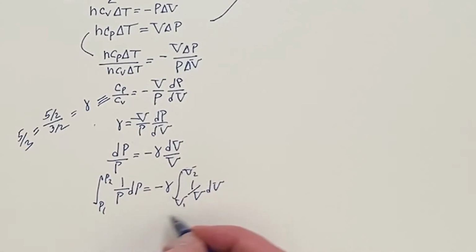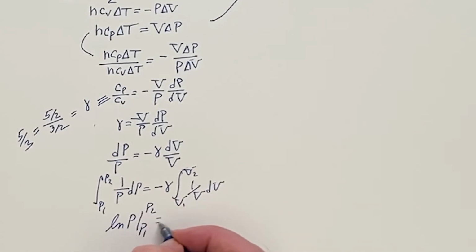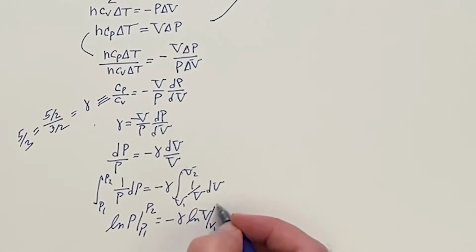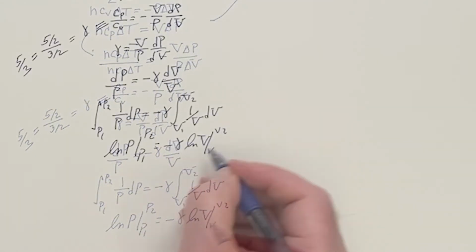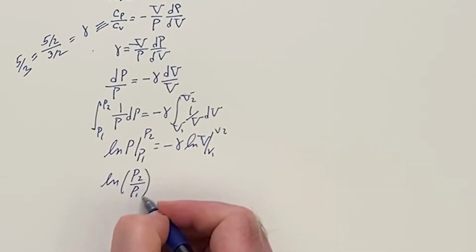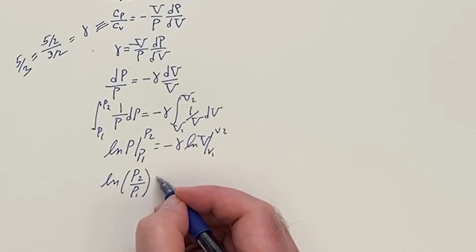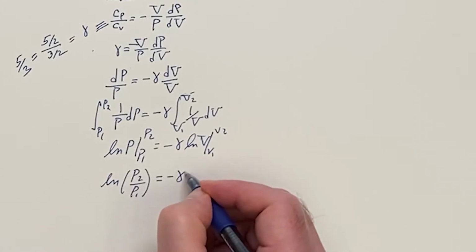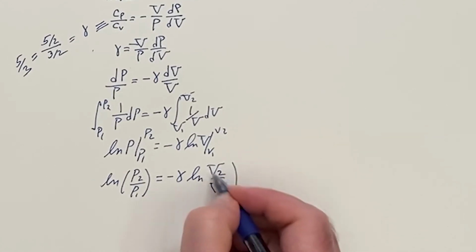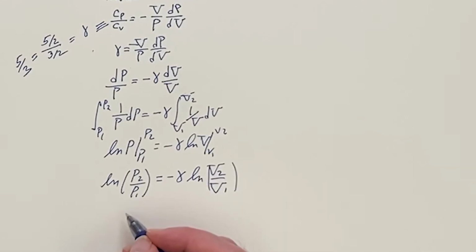These integrals are going to give natural logarithms. P1 to P2, minus gamma log V1 to V2. And this will be then the log of the ratio, because you subtract them and then you do the division trick like we did earlier. And then we know this trick.